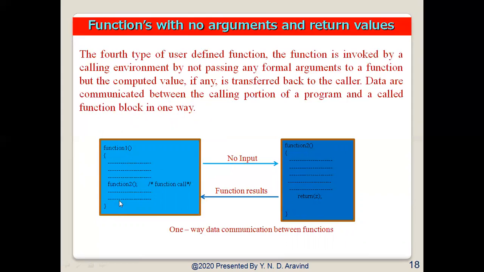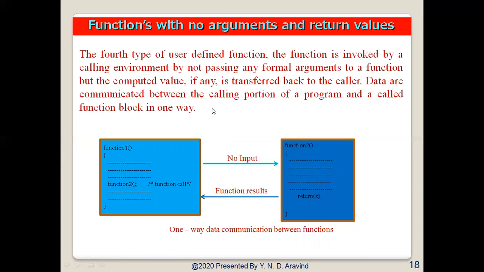So here you are calling the function without any arguments, but the called function will return the value to the calling function. So here also a one-way data communication happens. In the fourth type of user-defined function, the function is invoked by a calling environment by not passing any formal arguments to the function, but the computed value, if any, is transferred back to the caller.